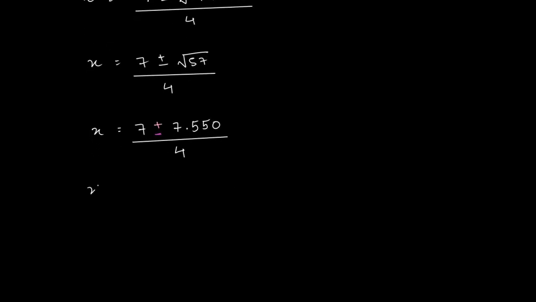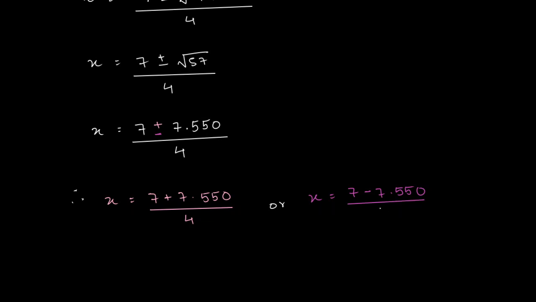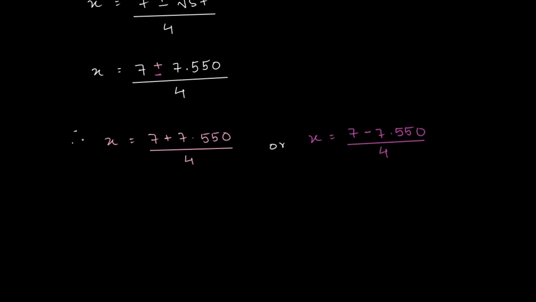The first root will be x is equal to 7 plus 7.550 divided by 4, and the second root will be x is equal to 7 minus 7.550 divided by 4, right?